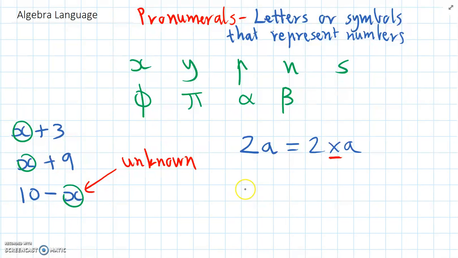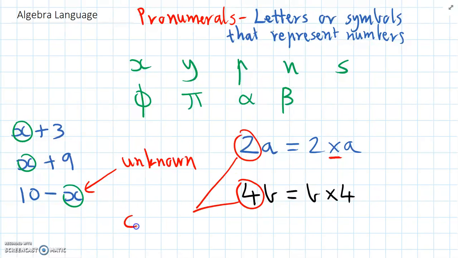So if we see a pronumeral with a number in front, it means multiply. So 4b is the same as 4 lots of b, b times 4. And the number in front of a pronumeral is called a coefficient.